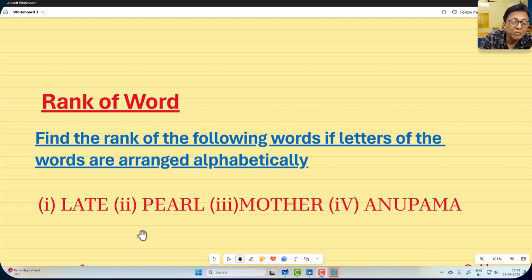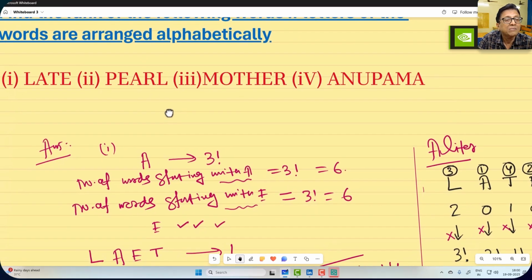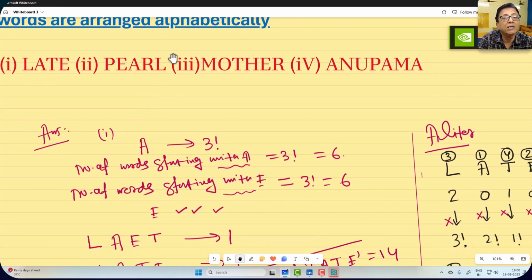Then for the next one, we see which comes alphabetically and start with that. Let me take this example first with LATE. We are going to find the rank of the word LATE when the letters are arranged the way they come in a dictionary.